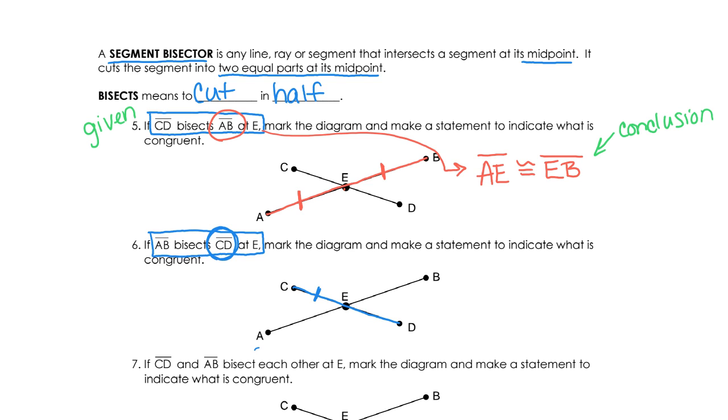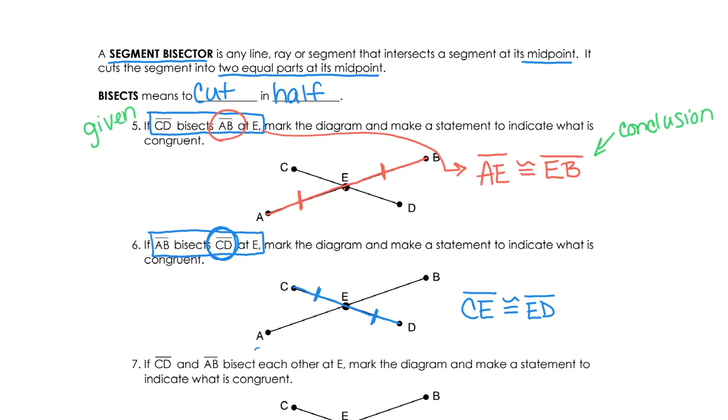And so these two halves are equal. And we can get another congruent statement that says CE is congruent to ED. And so that's our conclusion from what we were given. Okay? Notice it's a different concluding statement than up above because it was a different segment being cut in half.